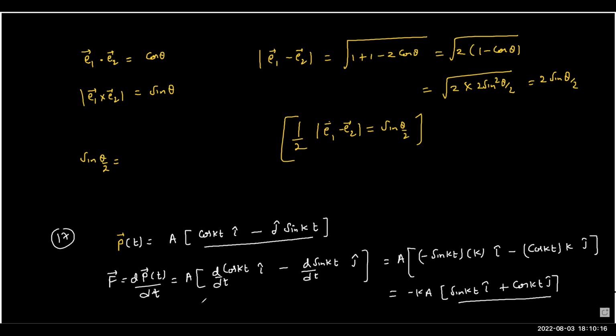I mean 90 degrees. So F dot P, if you do, you will get 0, which means the force vector is actually perpendicular to the momentum vector, and therefore the answer is 90 degrees. Okay, so the answer is D option, 90.